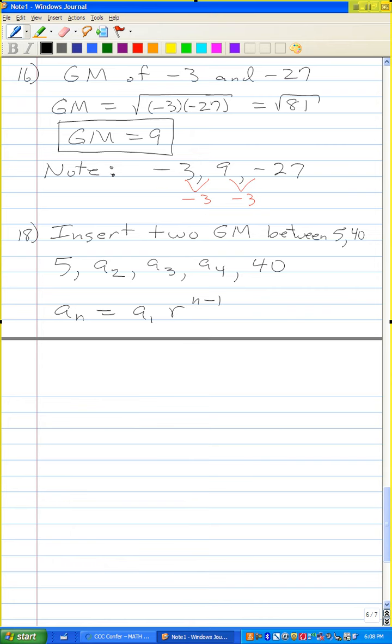And so I have here that the first term is 5, and the last term, which is the fifth term, is 40. So using the general term, I have that the fifth term is equal to the first term times r to the 5 minus 1.